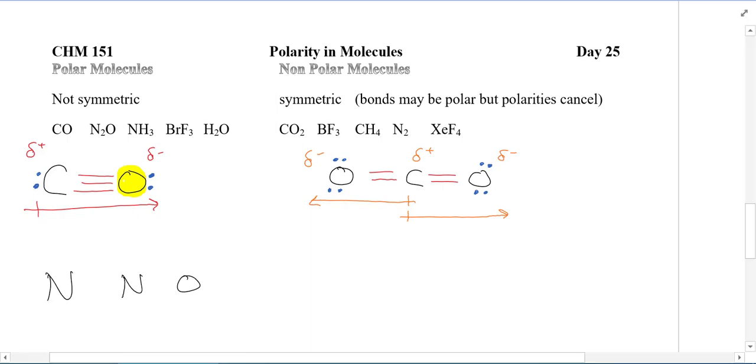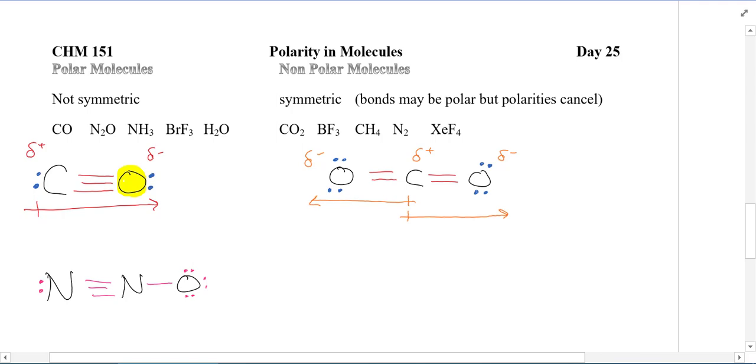N2O and NO. N2O has 16 electrons as well, except it looks like this. It's a triple bond. 2, 4, 6, 8, 10, 12, 14, 16 electrons. There we go. Oxygen's -1.